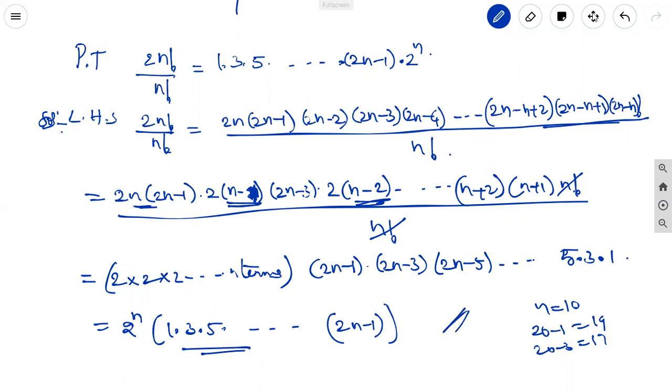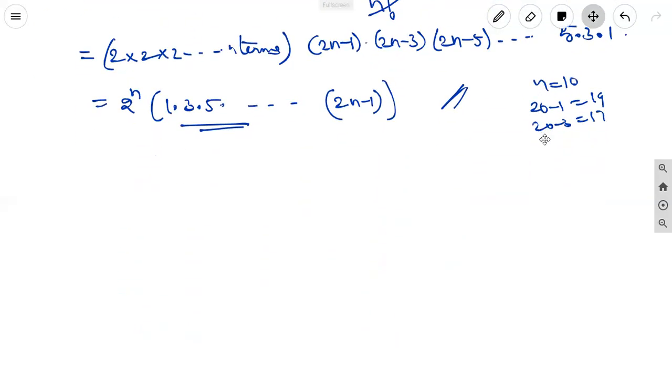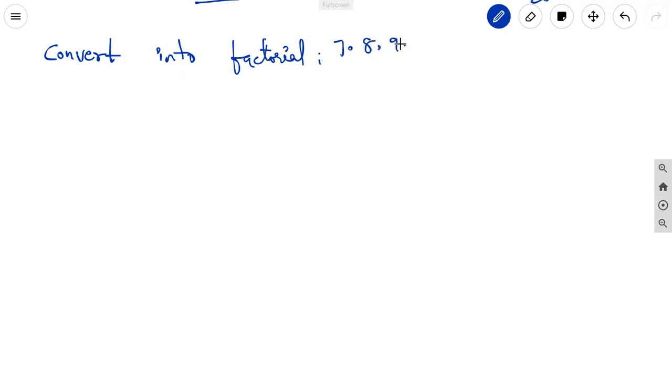Next problem. Convert into factorials: 7 × 8 × 9 × 10 × 11 × 12 × 13 × 14 × 15.